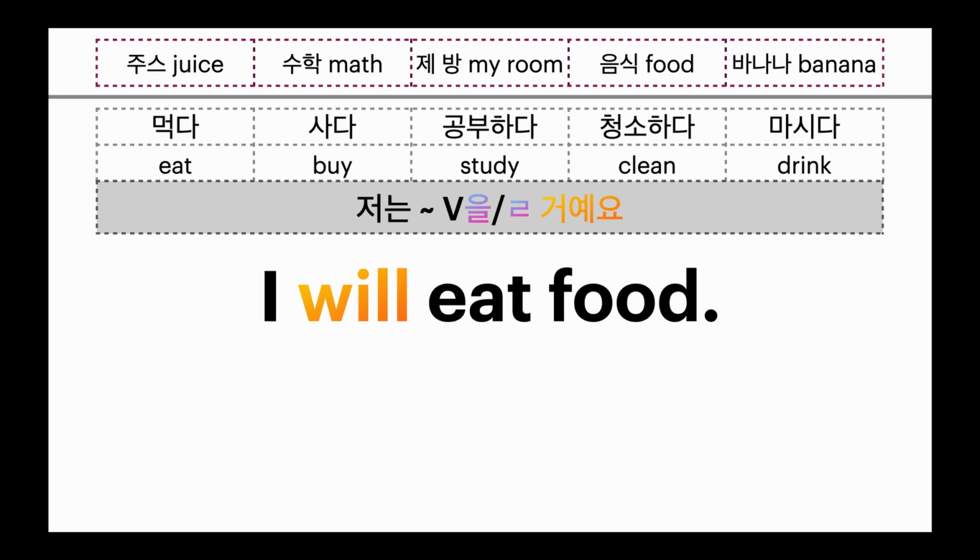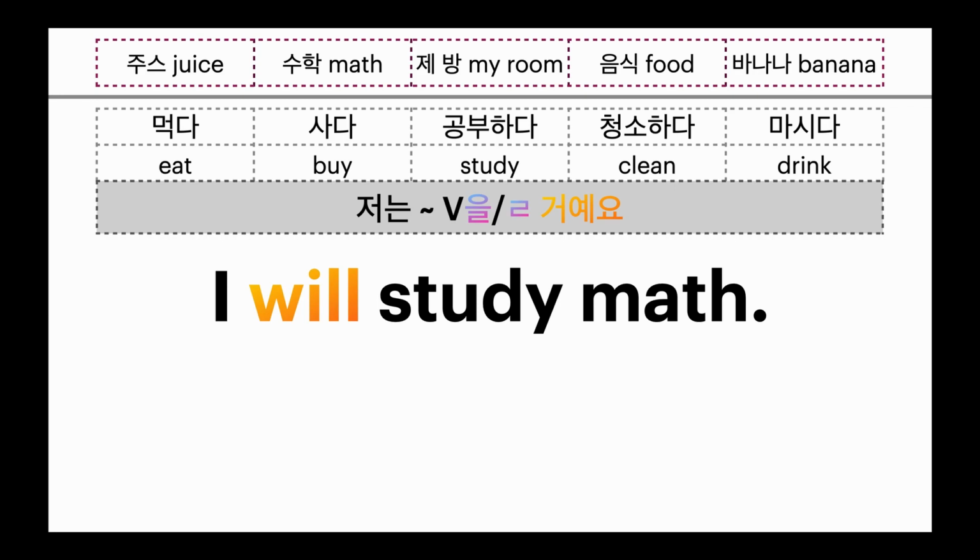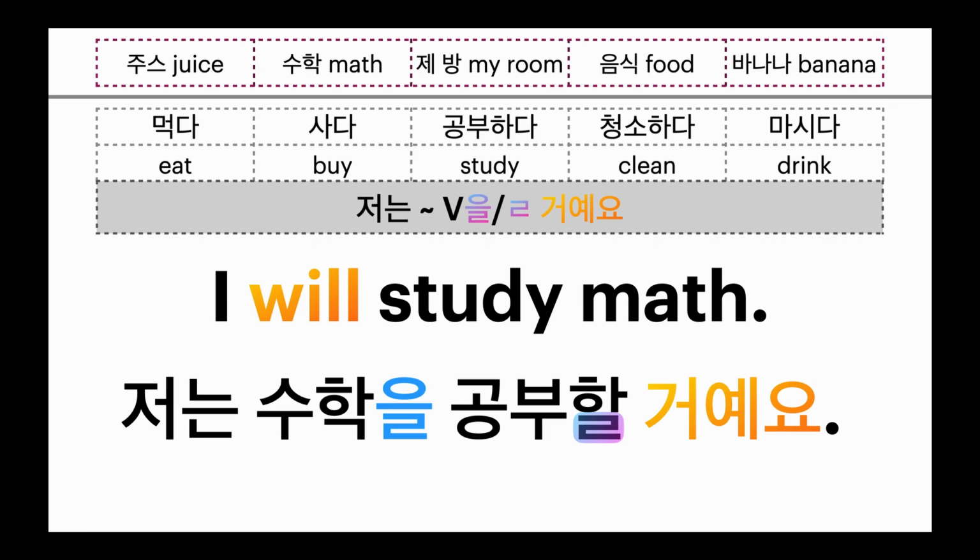I will eat food. 저는 음식을 먹을 거예요. I will study math. 저는 수학을 공부할 거예요.